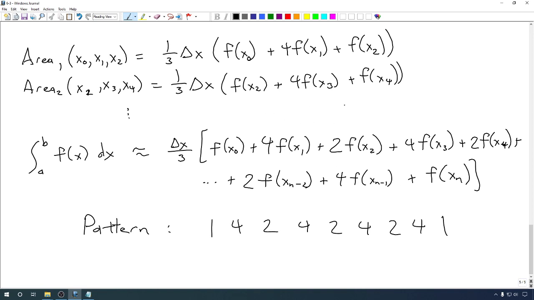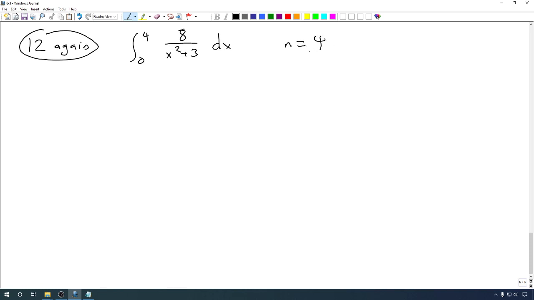So let's go ahead and use this in the problem 12 that we already looked at. Remember here, we were approximating the integral from 0 to 4 of 8 over x squared plus 3 with n equals 4. They specifically chose n equals 4 because they wanted to use Simpson's rule here, and you need that even number.